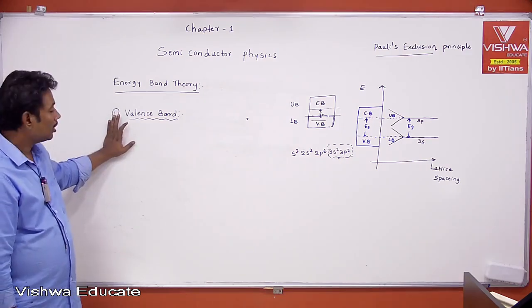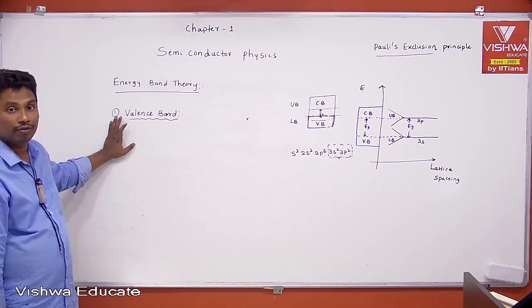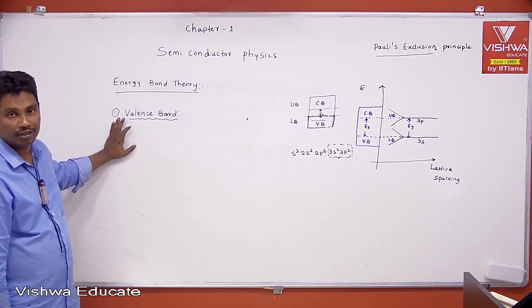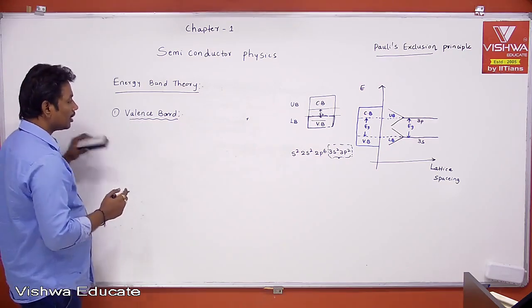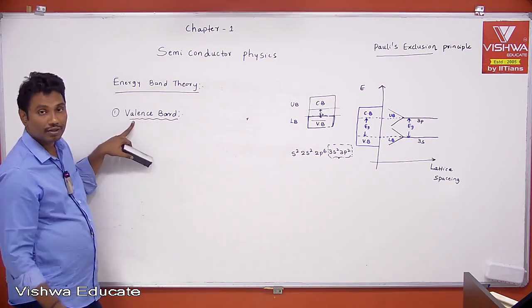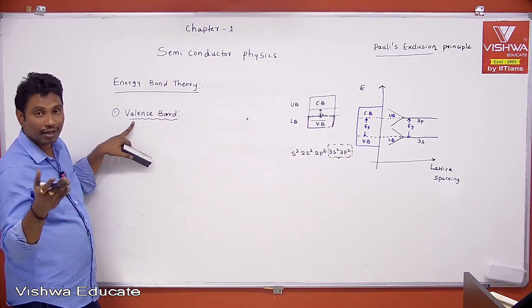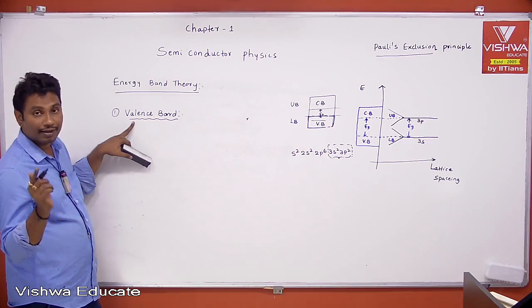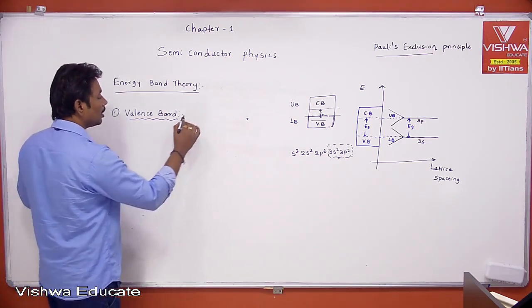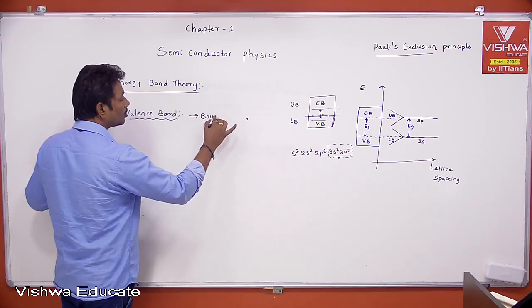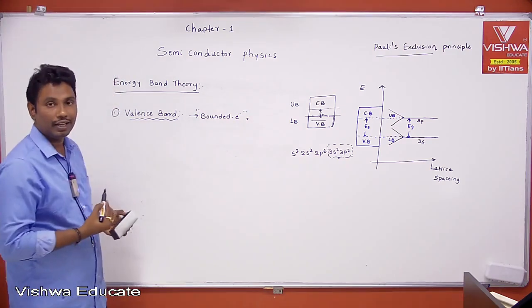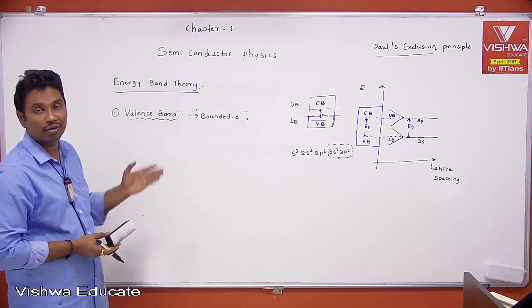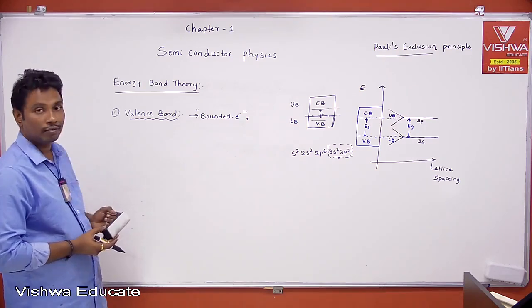The valency band is a band of energy levels which are closer to the nucleus. Here the electrons in the valency band are strongly influenced by the nucleus, because they are very close. Such electrons are called bounded electrons. These bounded electrons cannot move freely even if you apply an external electric field. This is about the valency band.